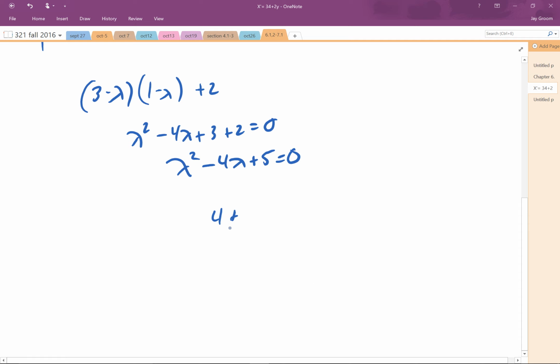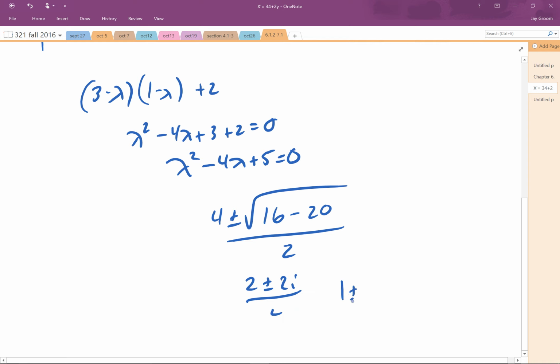So 4 plus or minus the square root of 16 minus 20 over 2. So 2 plus or minus, that's 4, so 2i. So 1 plus or minus i.